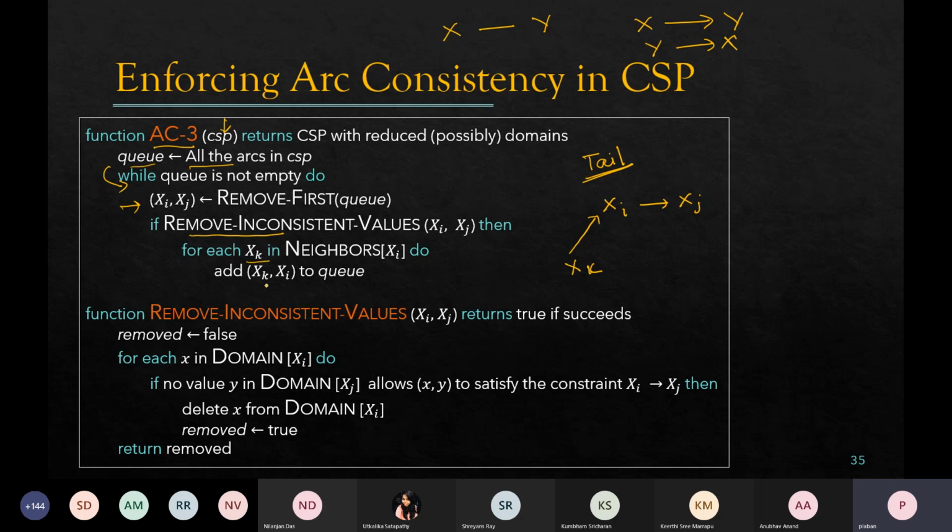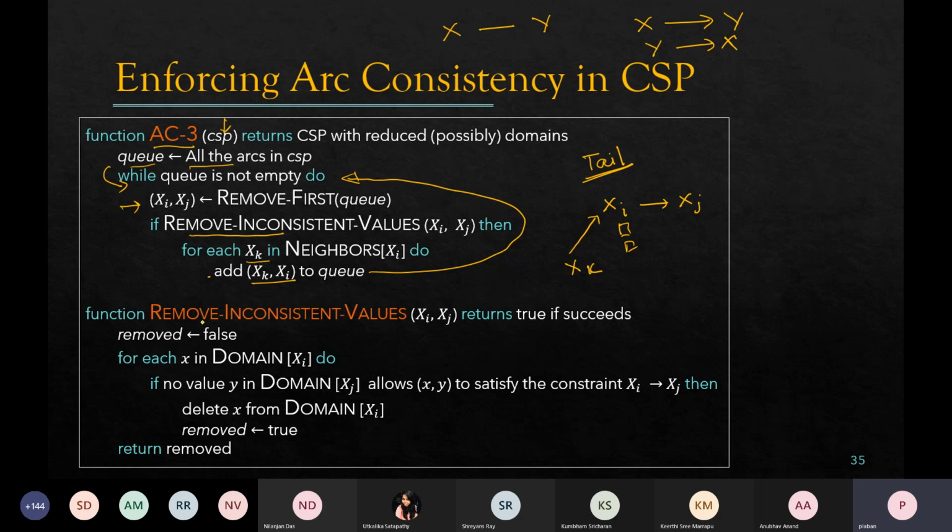And we know that there is a possibility that this new edge may become inconsistent because of the change in values of xi, right? And that's why we have to put it in the queue, even though maybe it has been considered earlier, right?